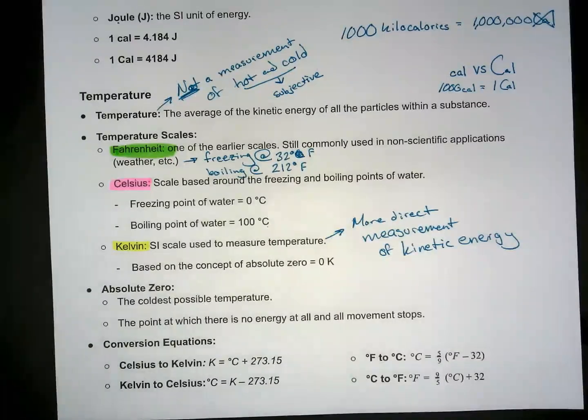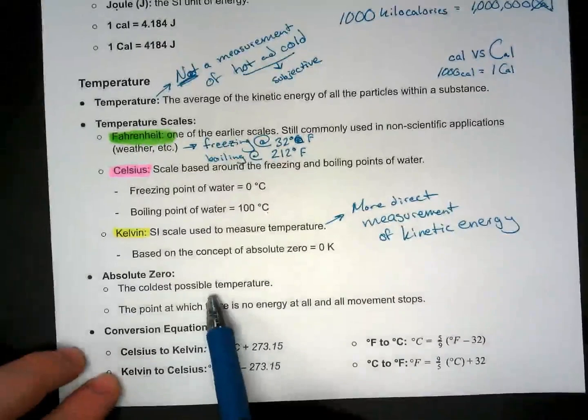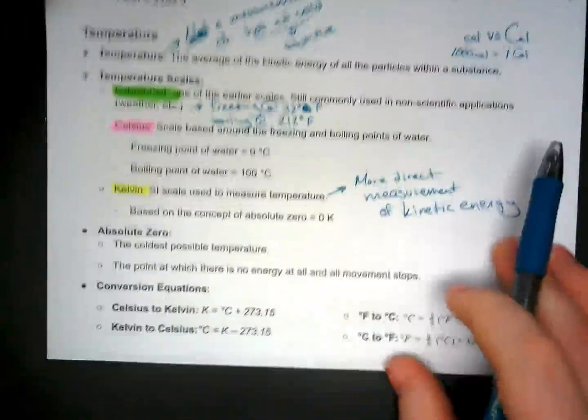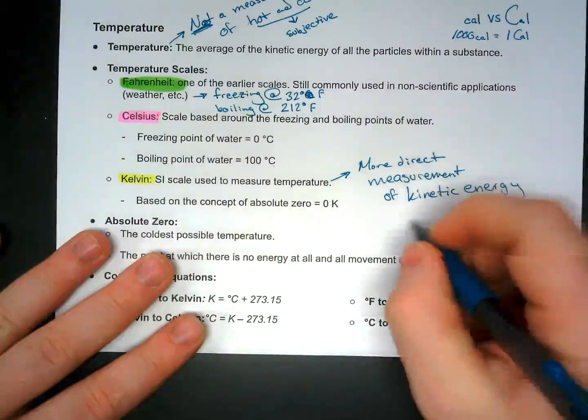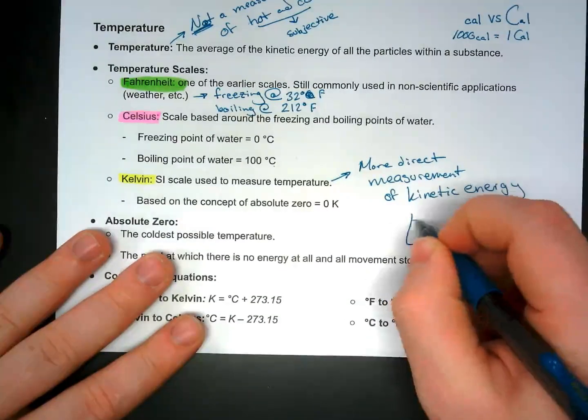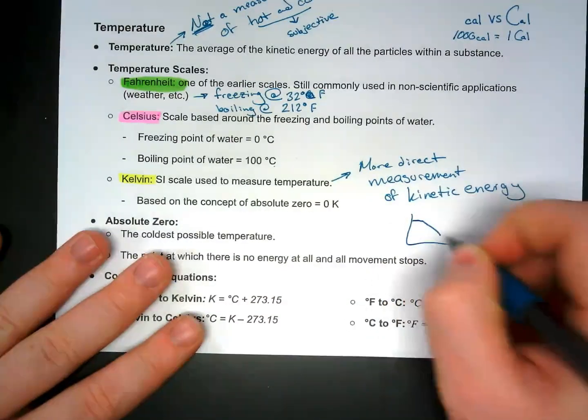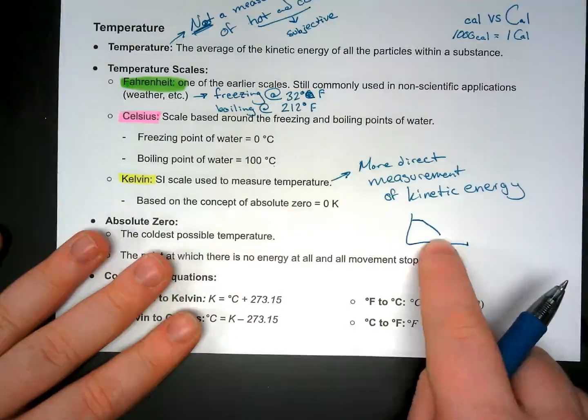Okay. So what is absolute zero? Well, it's just the coldest possible temperature. Again, we've never been able to measure to this point. We don't have the tools necessary for it, but we can mathematically calculate that it must be possible for something to reach absolute zero, 0 Kelvin, based just upon trends on a graph. The temperature decreases, and then this is the last data point that we're able to measure.